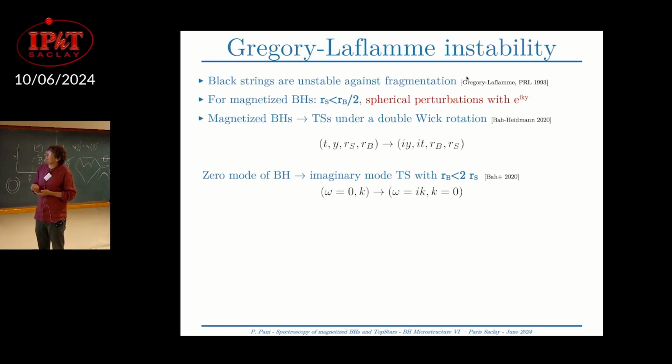The nice thing is that magnetized black holes are actually dual to topological stars if you do a double Wick rotation, which switches r_s and r_B and also y and t. This was discussed in this paper here, and it means that just because there is a zero mode for magnetized black holes, you expect a purely imaginary mode for a topological star in this regime here.